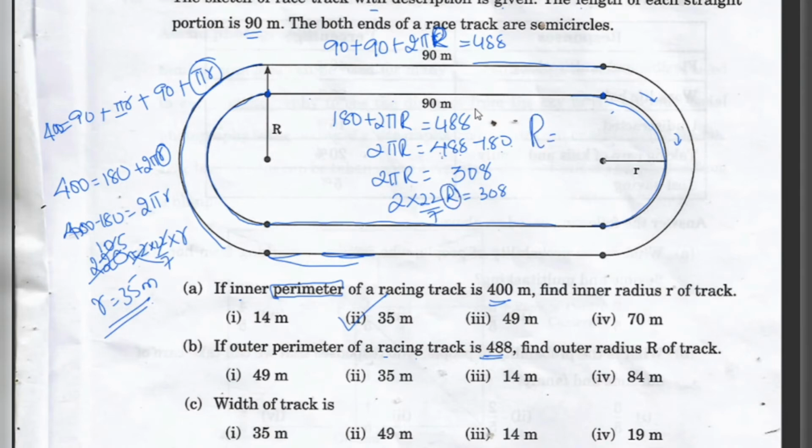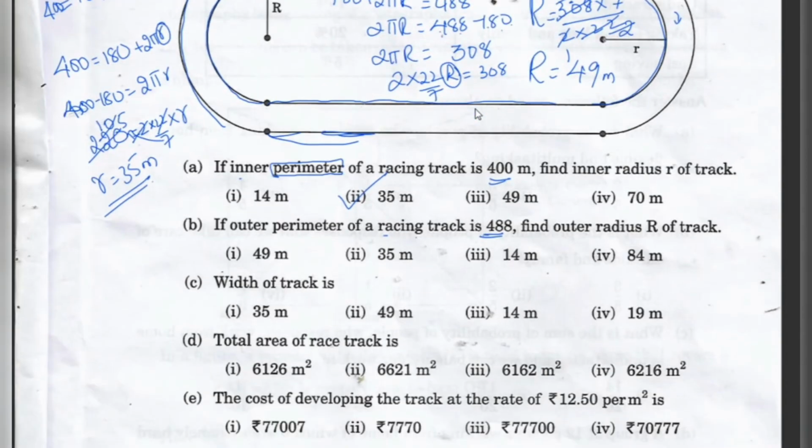Leave this R here. 308 into 7 divided by 2 into 22. So let's cancel this. 2 1 time, 2 1 time, 11 2 times, 11 1 time, 4 2 7. We got capital R as 49 meters.